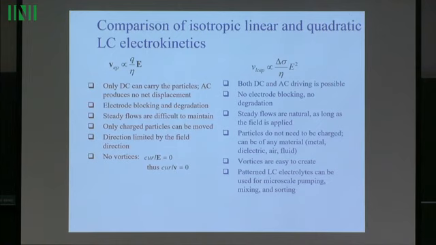You cannot create vortices of flow by a uniform electric field of any type in the case of linear electrophoresis. But in the case of liquid crystals, as you saw these little vortices in patterned director fields, it's a very easy thing to do.